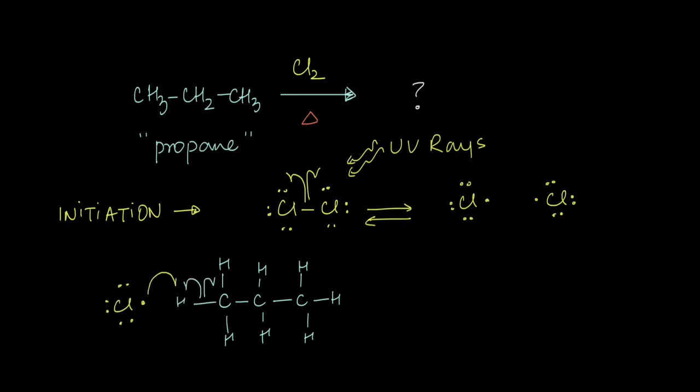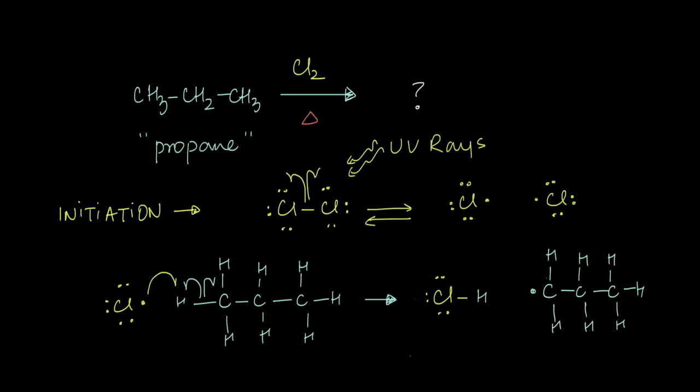Now if this happens, then one of the electrons in this bond has to be with hydrogen so that both of these electrons can combine to form a chlorine-hydrogen bond, while the other electron will be left over on the carbon atom, right?